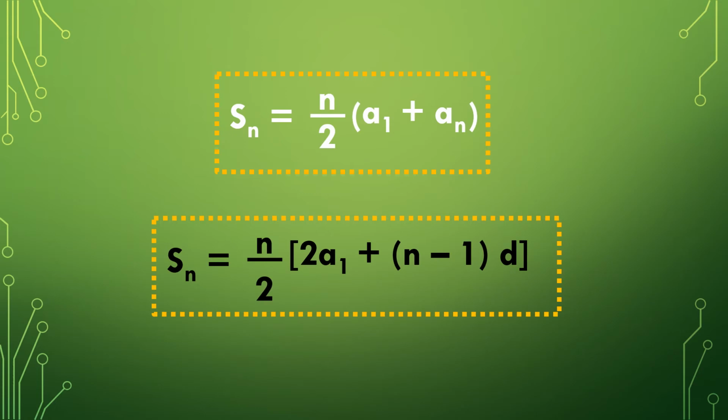We then have these two equations for the sum of the first n terms in an arithmetic sequence. We may use any of these two depending on the given data from the given problem.